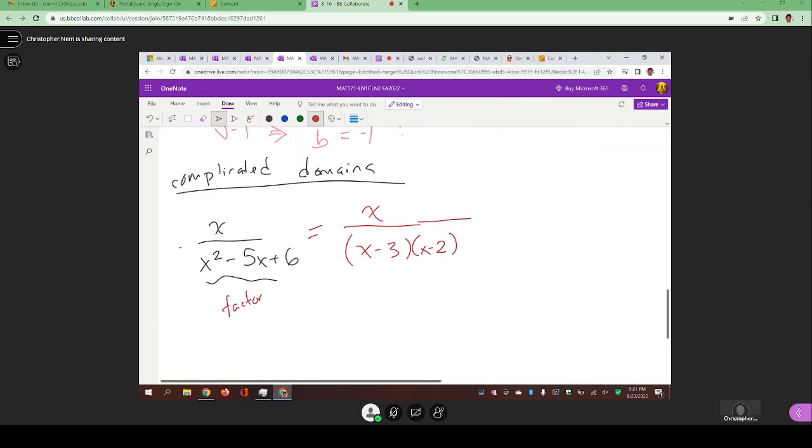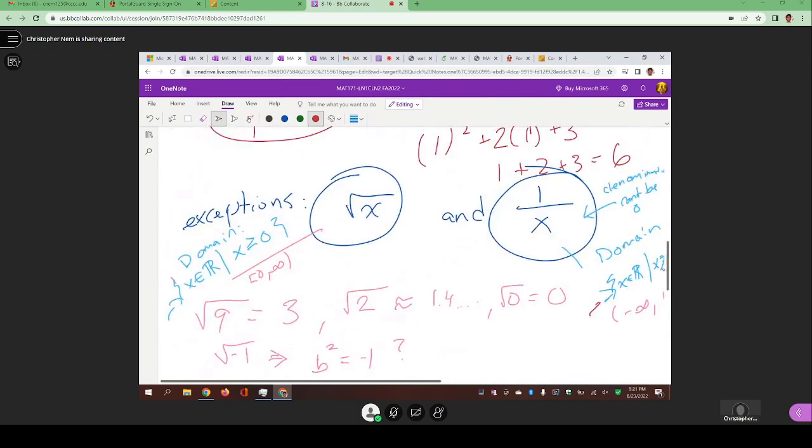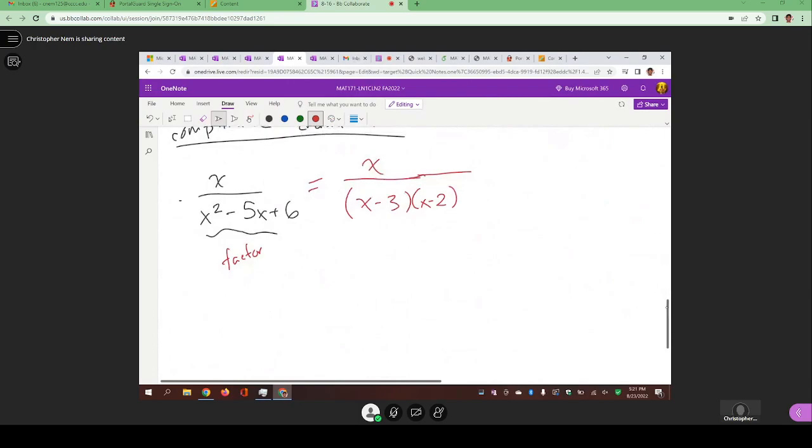Now, if we recall earlier, our domain for rational expressions is going to be all real numbers, except if the denominator is 0. That is the only case. Well, notice that these factors are multiplying each other.